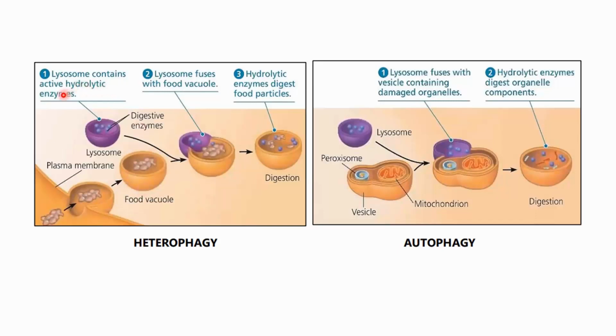So lysosomes that contain the active hydrolytic or digestive enzymes come and fuse with this food vacuole to act. This leads to the formation of this step. At this step, where the lysosome fuses with the food vacuole, this structure is known as the heterophagosome that we just discussed.